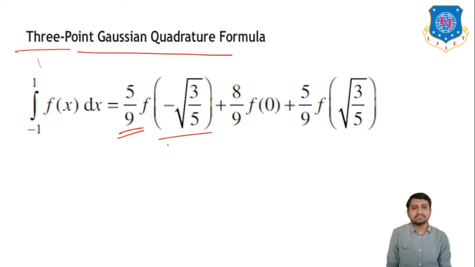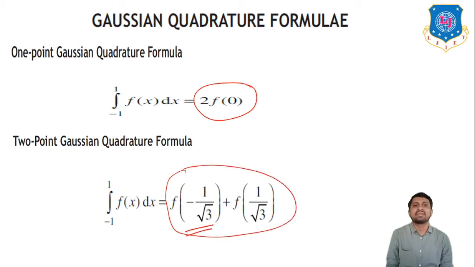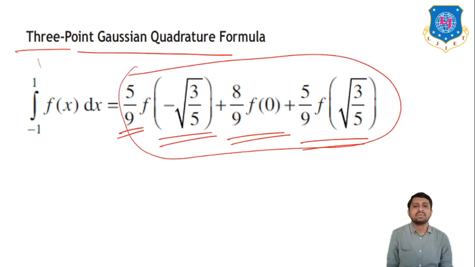So this is the formula for 1 point, 2 point, and 3 point: 2 into f of 0 for 1 point, f of -1 by root 3 plus f of 1 by root 3 for 2 point, and 5 by 9 f of minus root 3 by 5 plus 8 by 9 f of 0 plus 5 by 9 f of root 3 by 5 for 3 point.